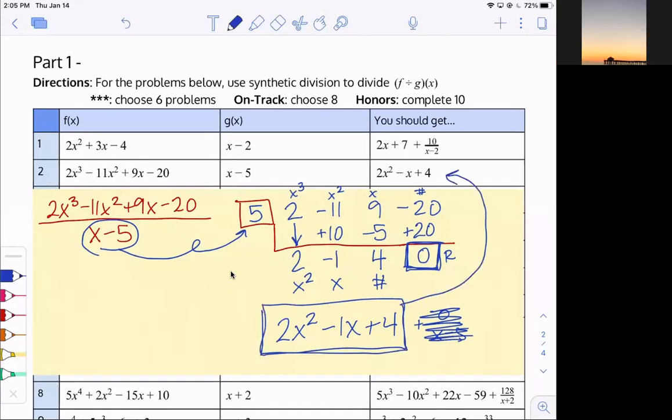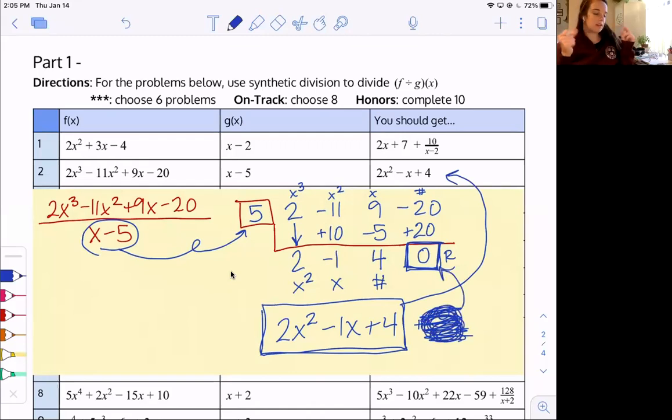So if the remainder is 0, we don't have to write the x minus 5 part at all. Okay. Yeah. Great job. Snaps for Gabby. Amazing job, Gab. You did awesome.